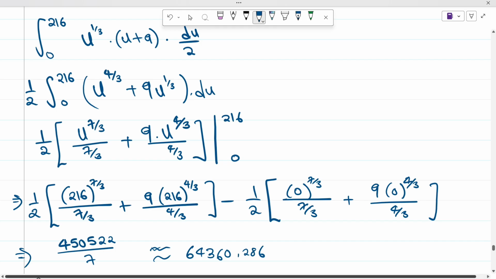4/3 plus 9 to the power of 1/3. Then I close, put my limits 0, 216.